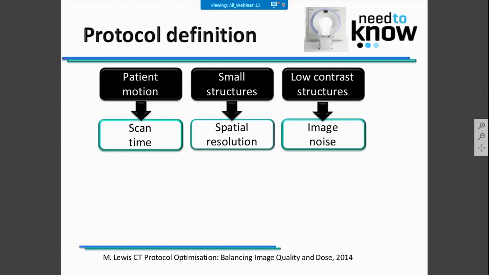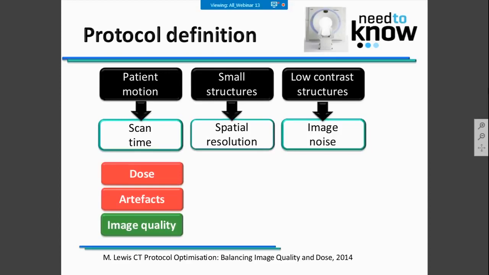It's hard because we know that we need to manipulate the exposure parameters, which directly increases the dose. At the same time, we want high image quality, lower dose, and no artifacts included in our image.